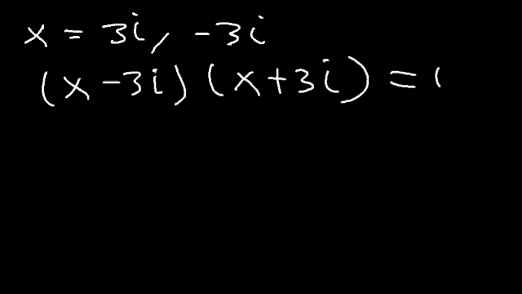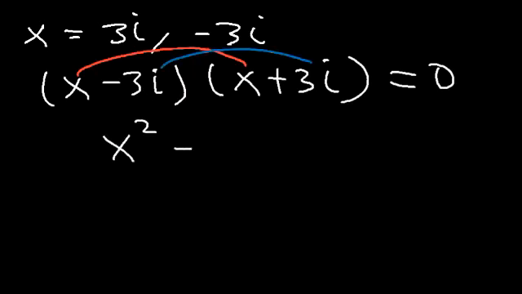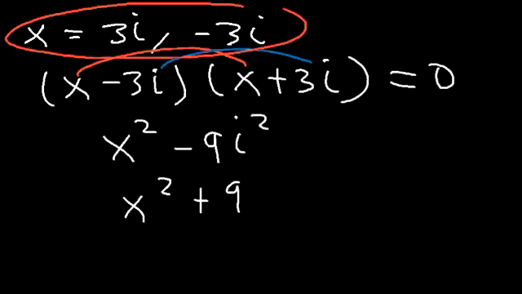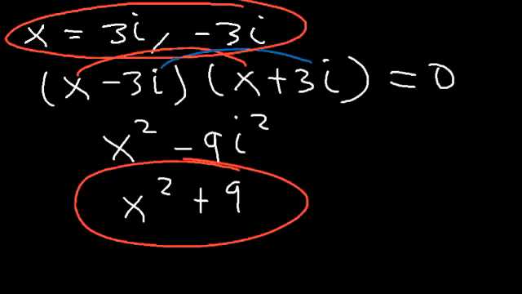Of course, this is probably equal to 0. You may or may not need that 0. And then you want to FOIL. Since these are conjugates of each other, we could just multiply the first and the last terms. So it's going to be x squared minus 9i squared, which is x squared plus 9. So that's how you can find the equation if you're given the solutions.